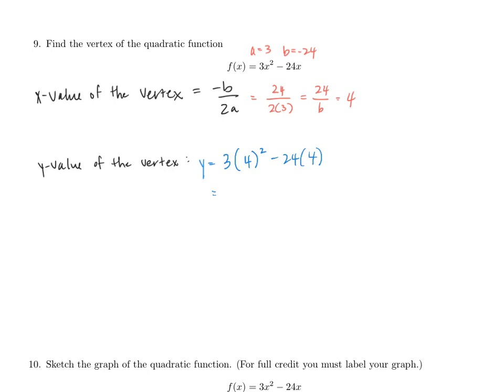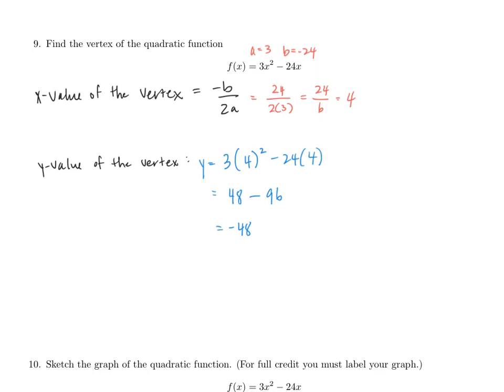So we will have 3 times 4 squared is 16, and 3 times 16 is 48, minus 24 times 4 is 96. And then 48 minus 96 is -48. So that's your y value.